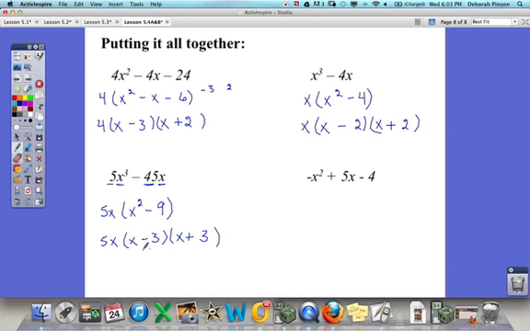Okay, now on my last one here, I just wanted to give you a little bit of a heads up on this. When you're factoring, it is a big pain to factor with a negative in front of your x squared. So if you've got that situation, go ahead and pull out that negative. It's like I'm pulling out a negative 1, which just means you're going to change these signs. See how I'm changing every sign?